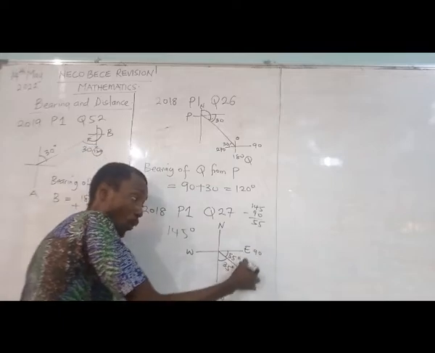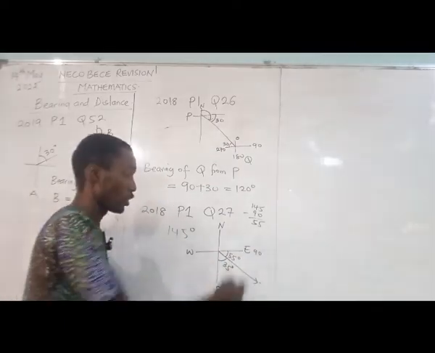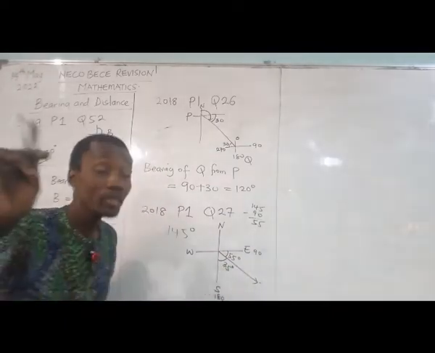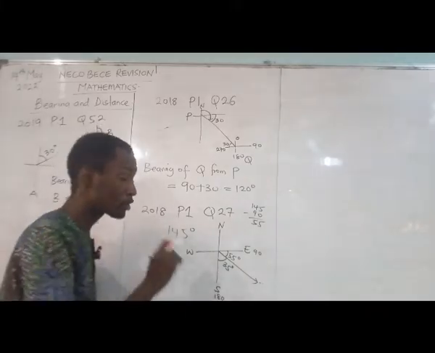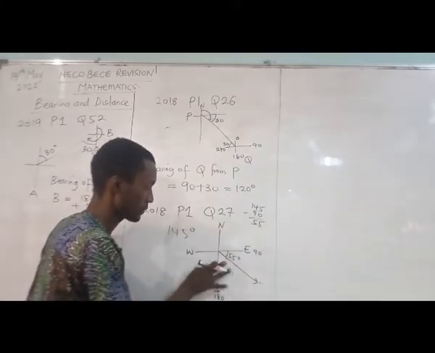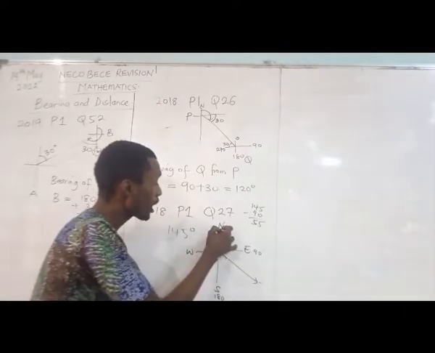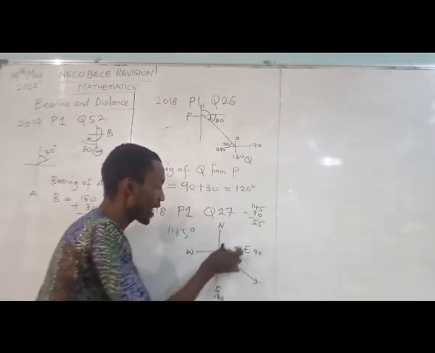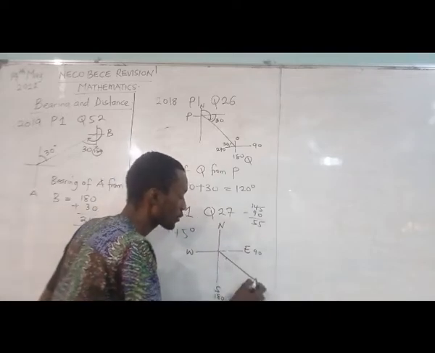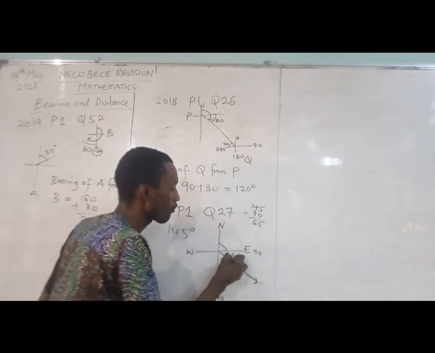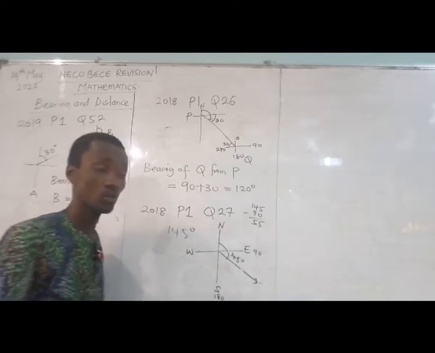Please don't use this angle. Another method I can suggest for you to use is this. They said 145 degrees, is that not? 145 degrees will be between here and here. So I can just draw this arrow out and say the whole of this angle is 145 degrees. Are we together?